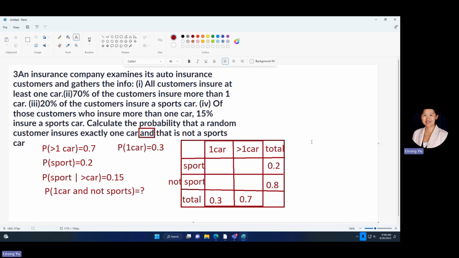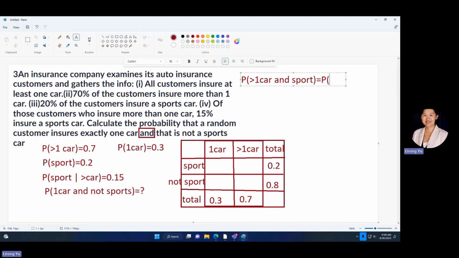If you want to know this one, it is a joint probability. That joint probability can be calculated by itself. So probability of more than 1 car and sports car. If I were to fill in something here, I have to follow the multiplication rule. So I'm going to use the multiplication rule.